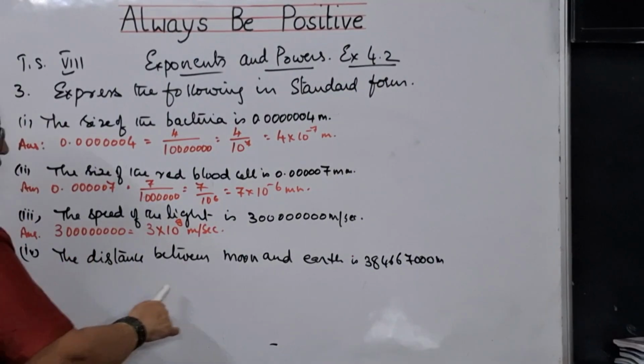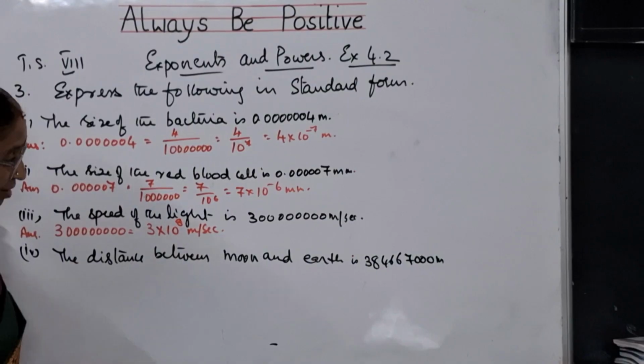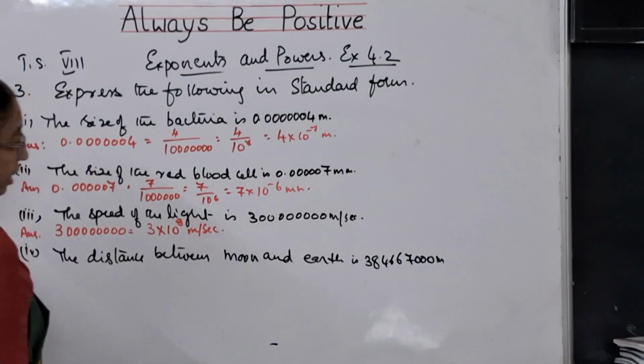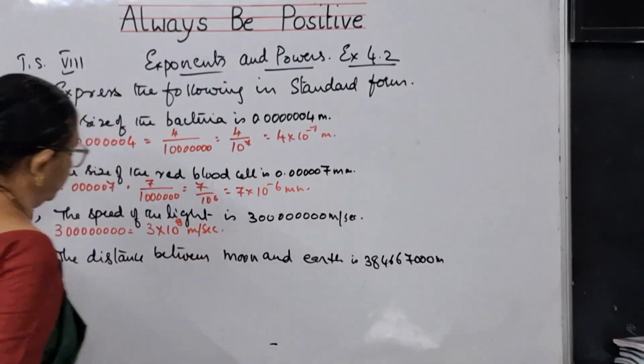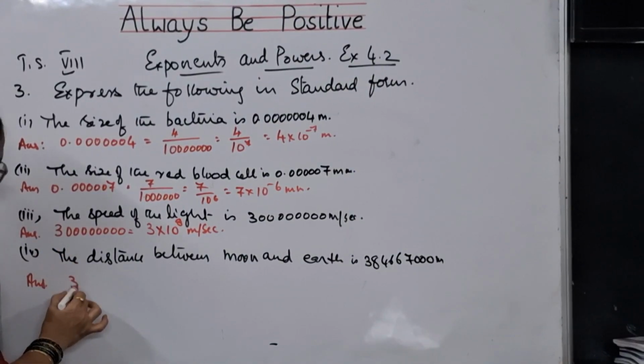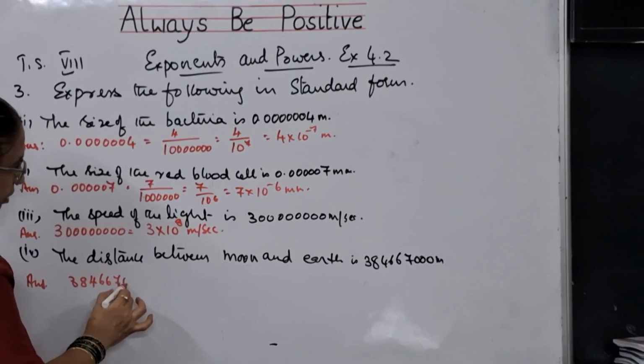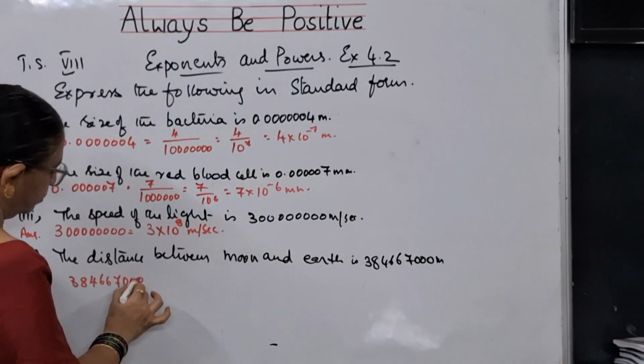Now distance between moon and earth is 384667 and after that you have got 3 zeros. So what is the answer that you will be writing? The number is 384667000 meters.